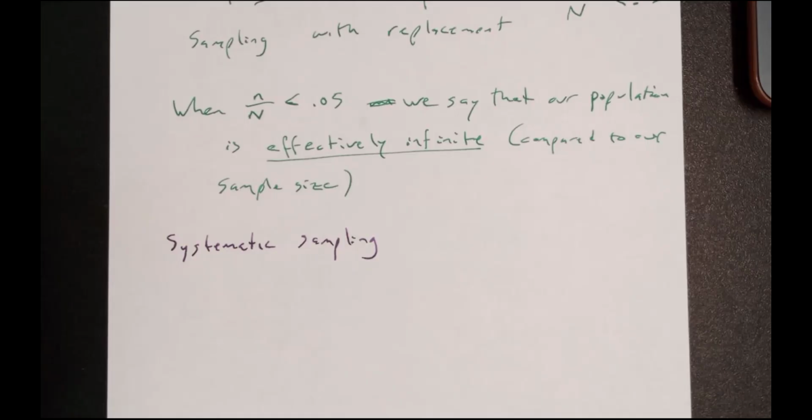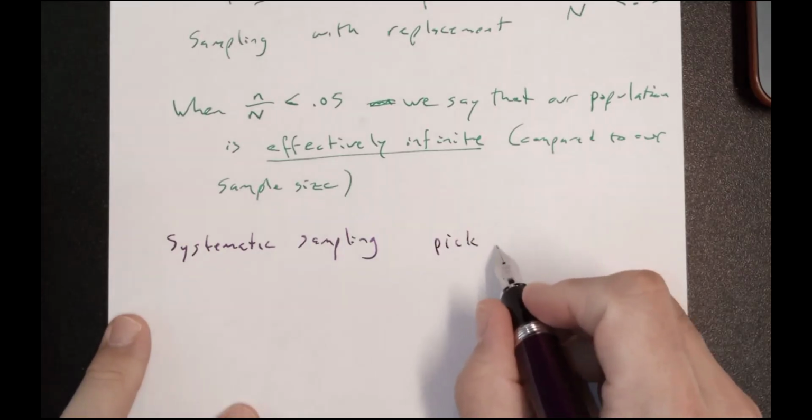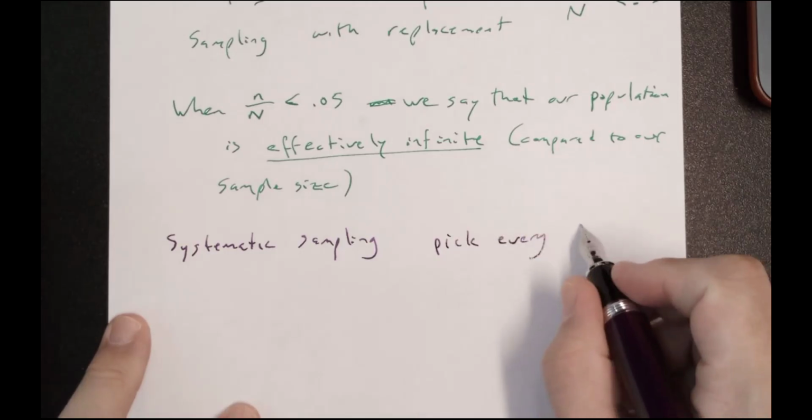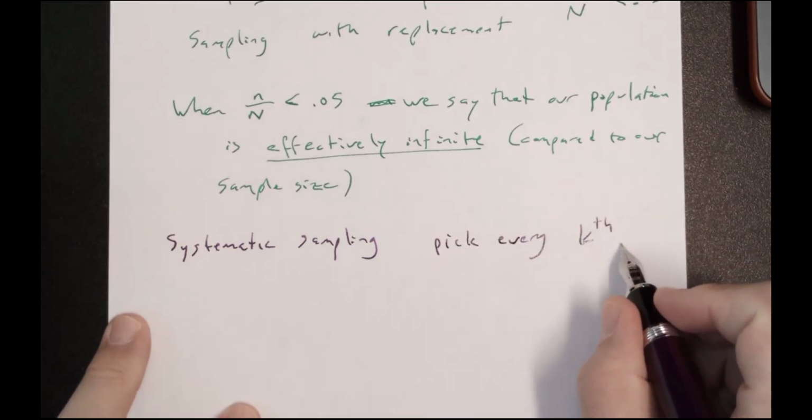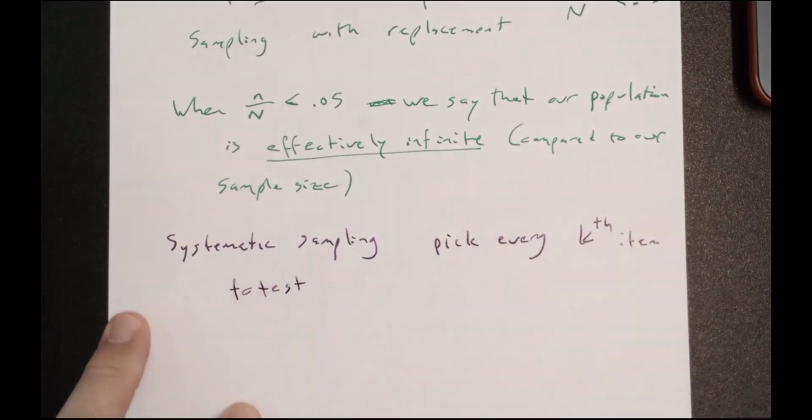So here, I'll pick every kth item in the list. I don't know what K is. We'll figure K out as we go along.